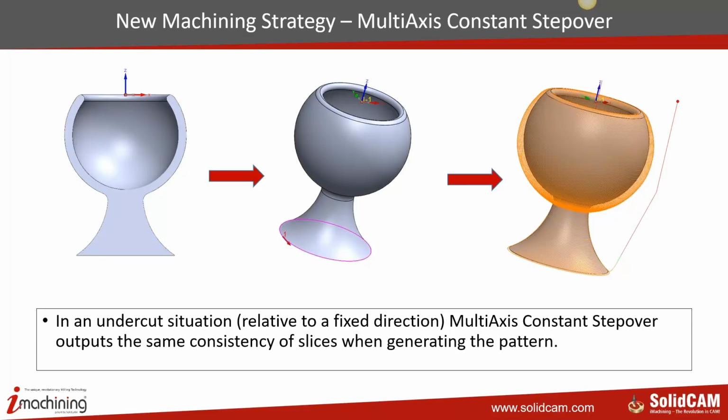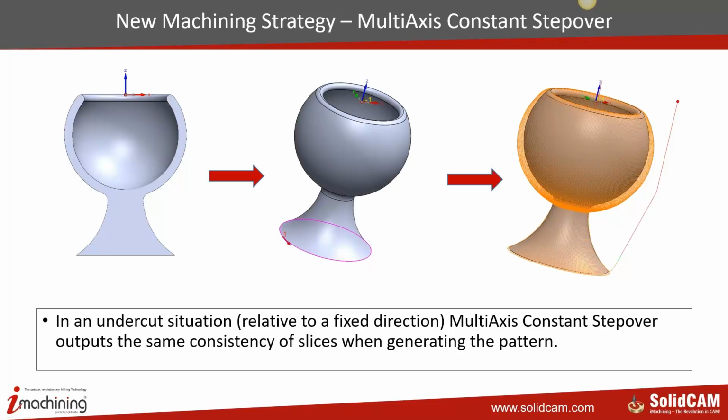Whatever Stepover you have provided, it will maintain that Stepover in any situation, whether it is machining in this region, or in this region, or making a transition from this surface over the fillet into this surface. It will still maintain the Stepover constant at any given point on the part.